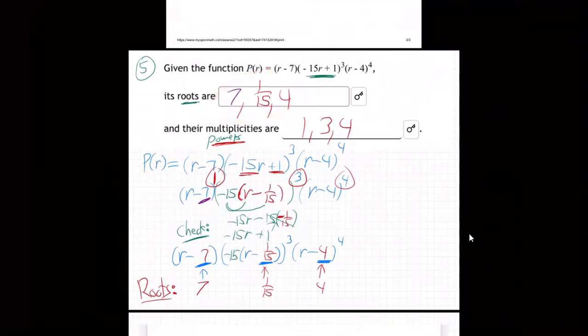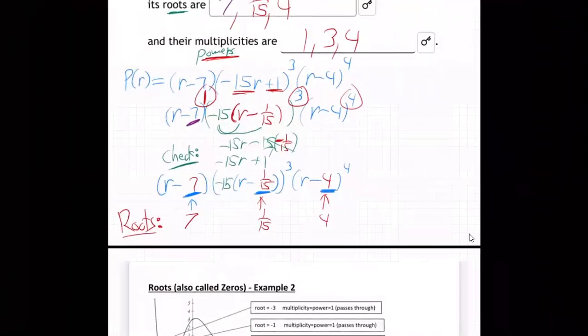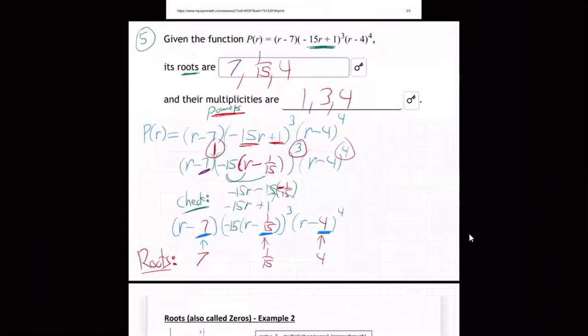You might wonder, by the way, about what about this -15 in the front here? Who cares? I don't care about that. I just care that in this parenthesis, I have a plain R right in the front, just like that. So I got it right. There are the three roots, and there are their multiplicities. Questions on that one?